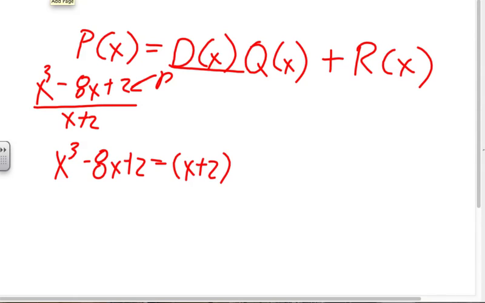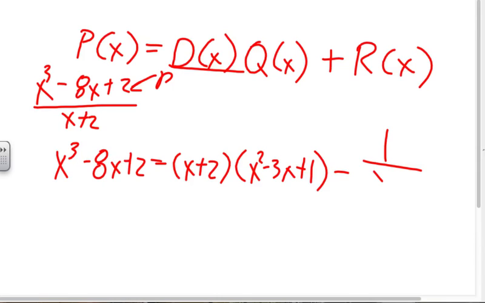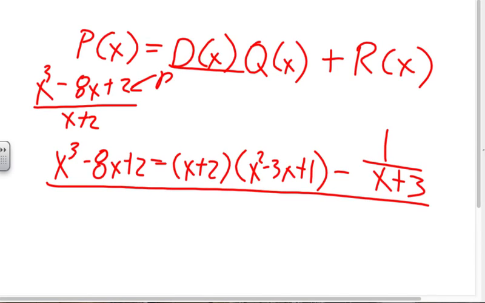If you go back and refer to your notes, what we ended up with on top was x squared minus 3x plus 1. And then I had a remainder of minus 1 over my denominator, which was x plus 3. And so that is how you rewrite the original polynomial.